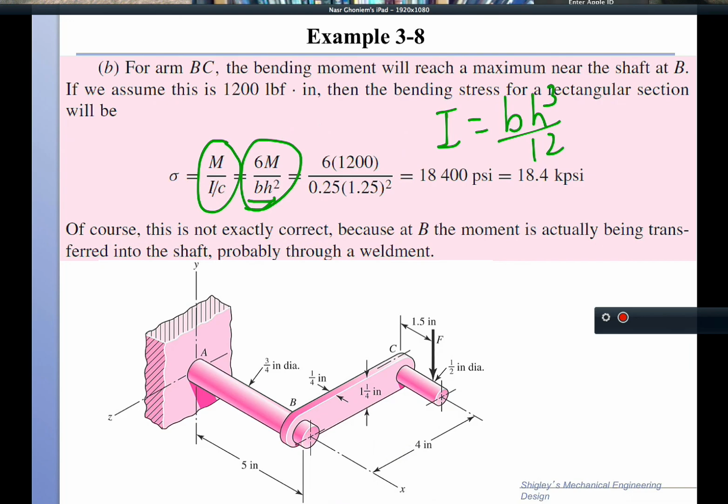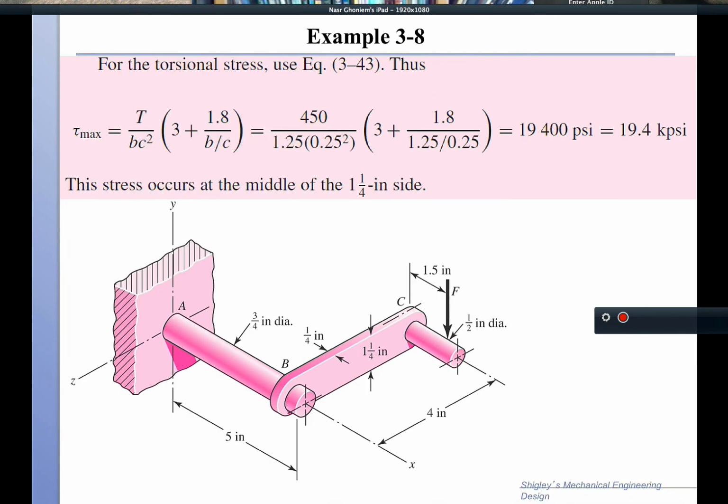So with that, we find that the stress resulting from the applied force F is axial and is like tension on the top here, and its value is 18.4 kpsi.